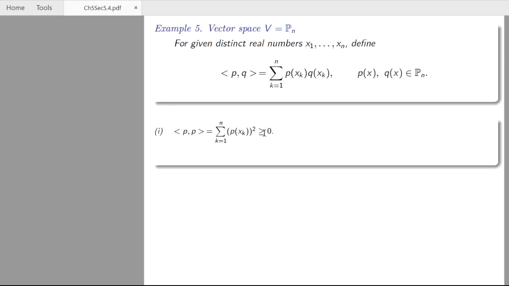Now we need to show the if and only if part, which means we want to show the operation between p and itself equals 0 if and only if p is the zero polynomial.